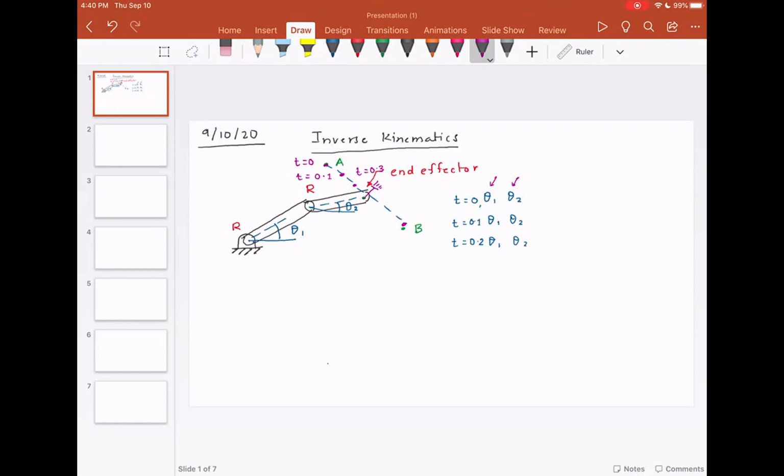So the problem is, if this robot is drawn in the configuration that I have shown, and for the first case, let me just take the example of a planar robot. So I have this robot.